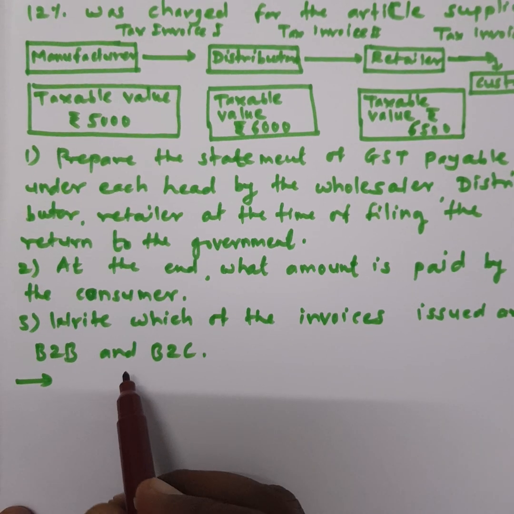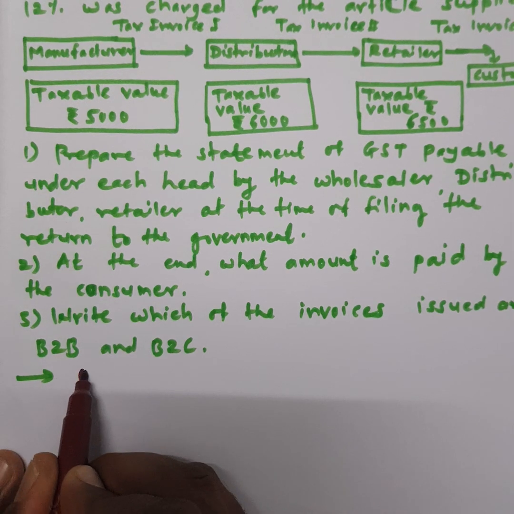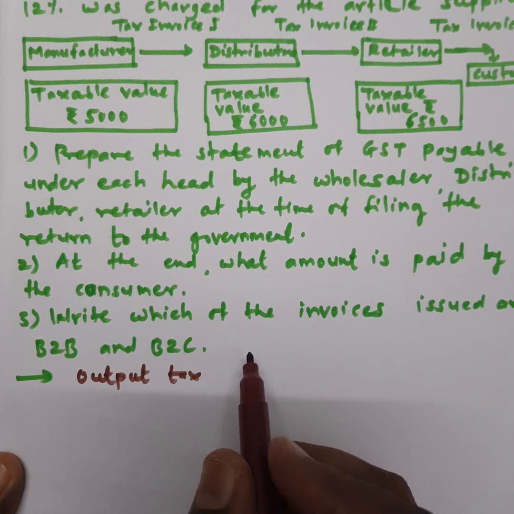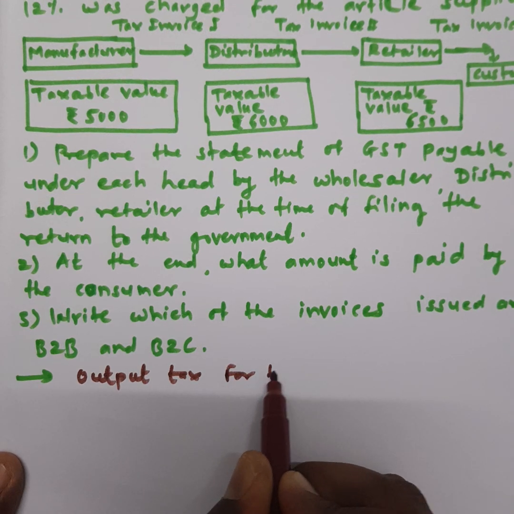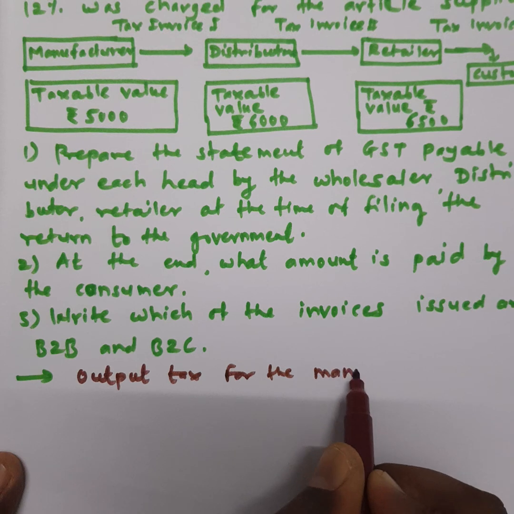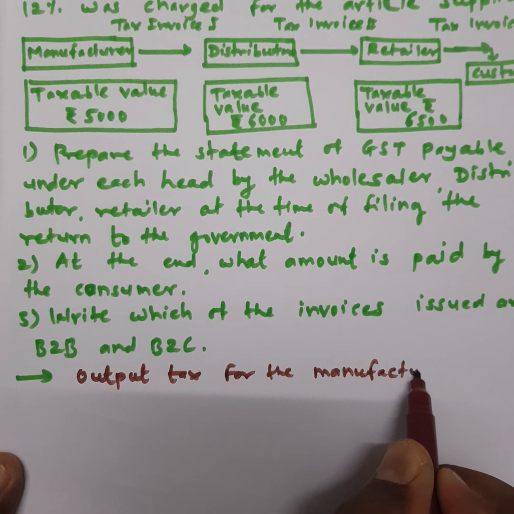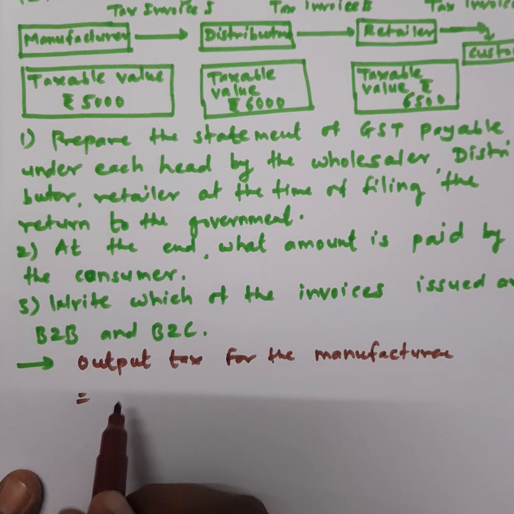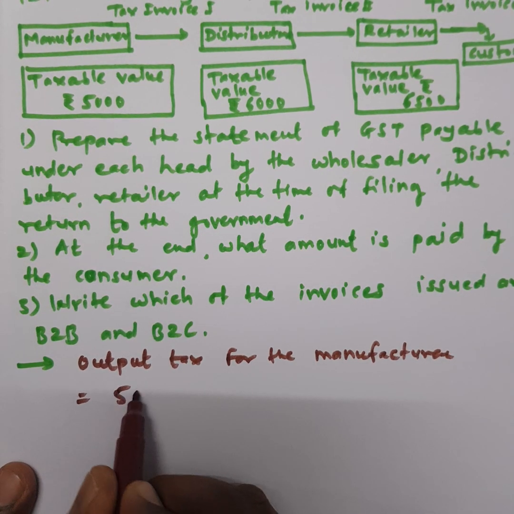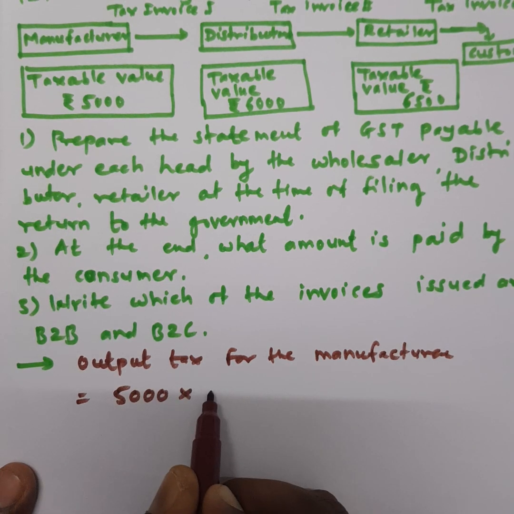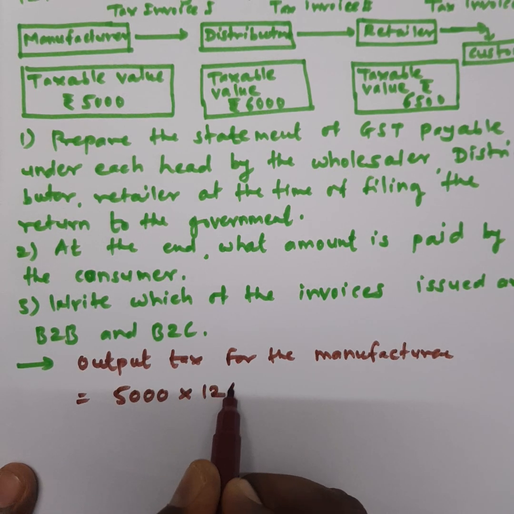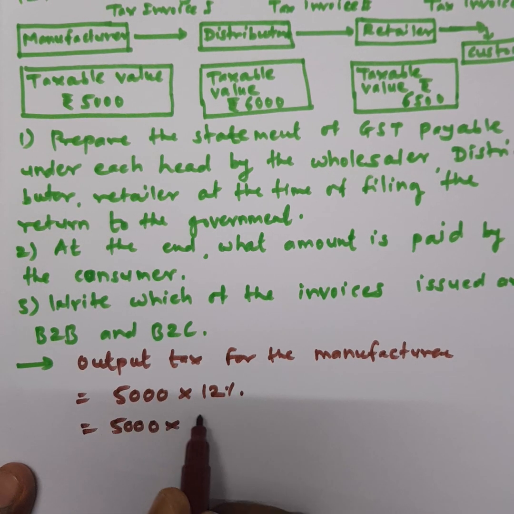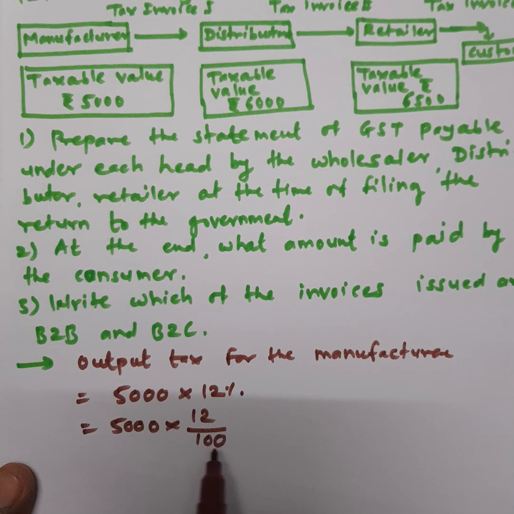Therefore, output tax for the manufacturer is equal to taxable value, 5,000 rupees into 12% or 12% of 5,000 rupees, that is 5,000 into 12 upon 100.